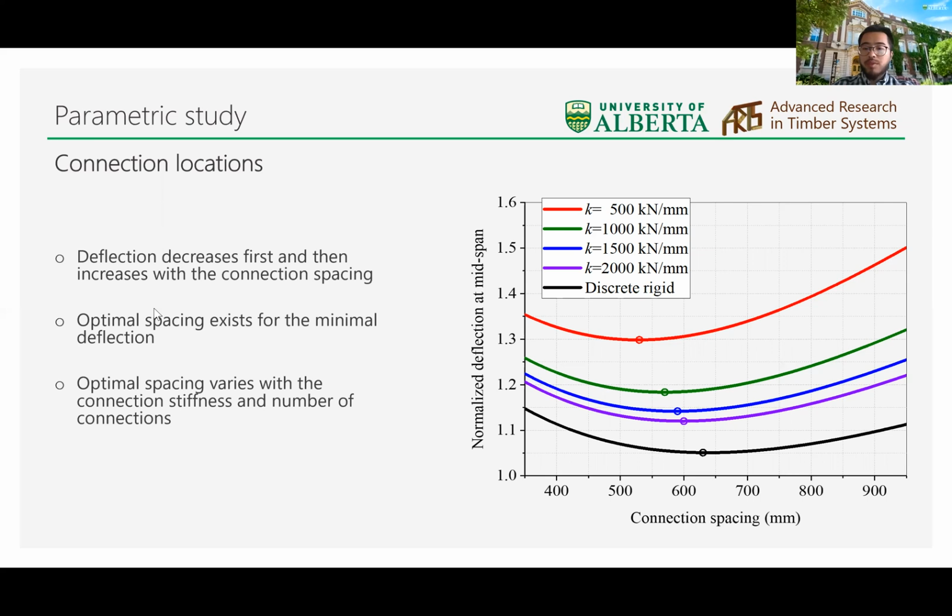There is an optimal connection spacing for the floor to reach the minimal deflection. And this optimal spacing is not necessarily the same for different connection stiffness. Knowing where to install connections can be an effective measure to achieve the same composite efficiency in the floor, compared with increasing the number and the stiffness of connections.